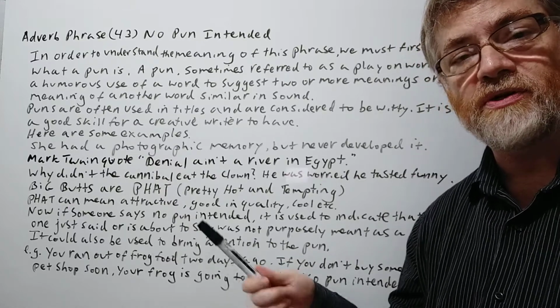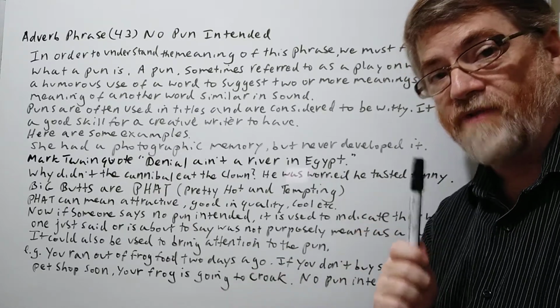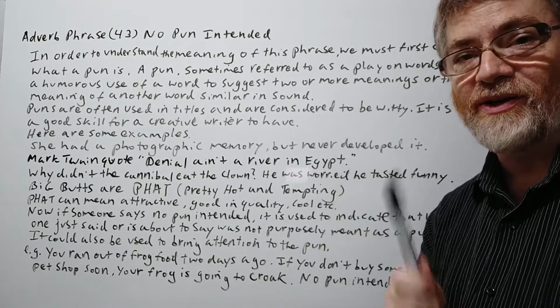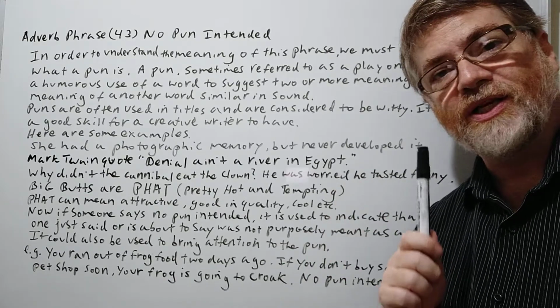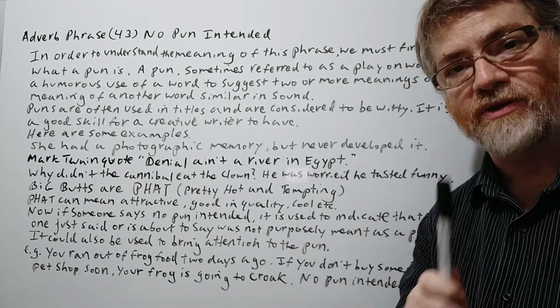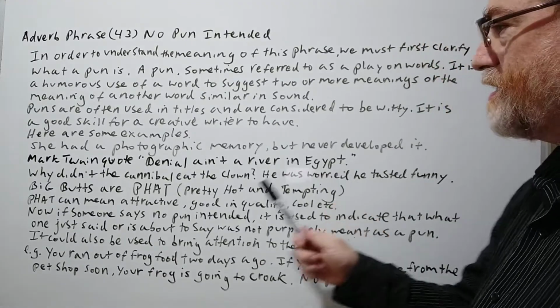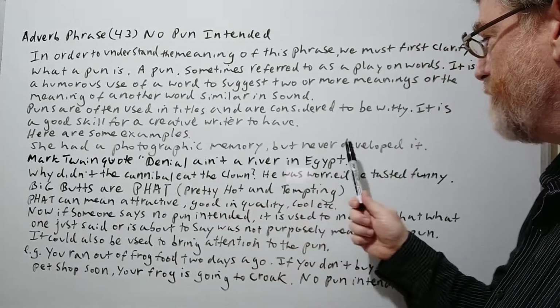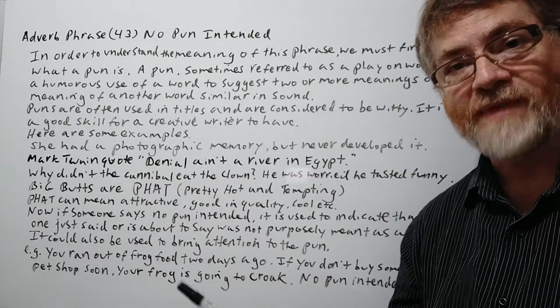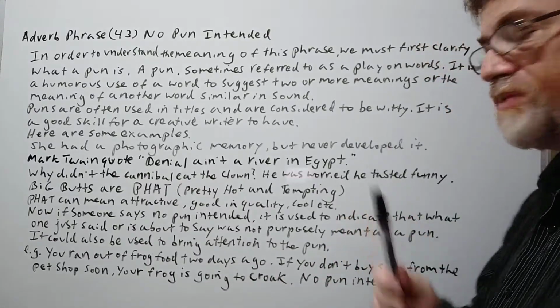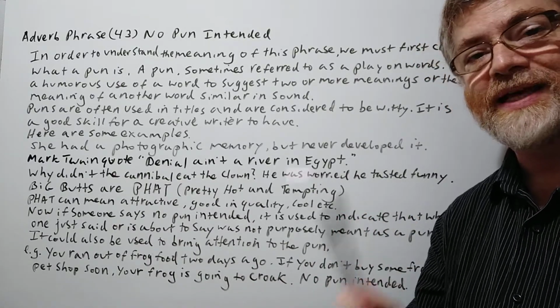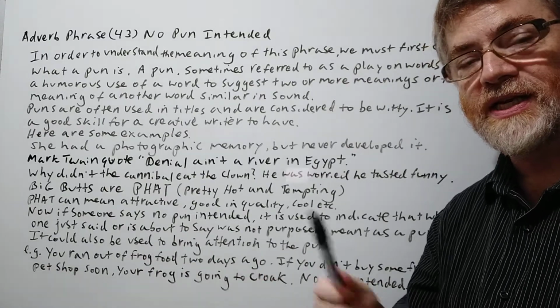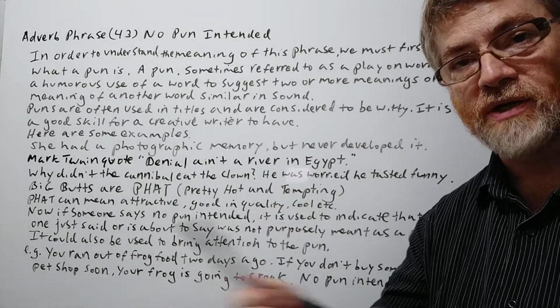Maybe she never used her skill or talent. If you have a photographic memory, you could probably end up getting a really good job. I don't know if you advance your learning, but that's what they say. So developed here is really the pun. That's what has a double meaning. She never brought it to its potential.